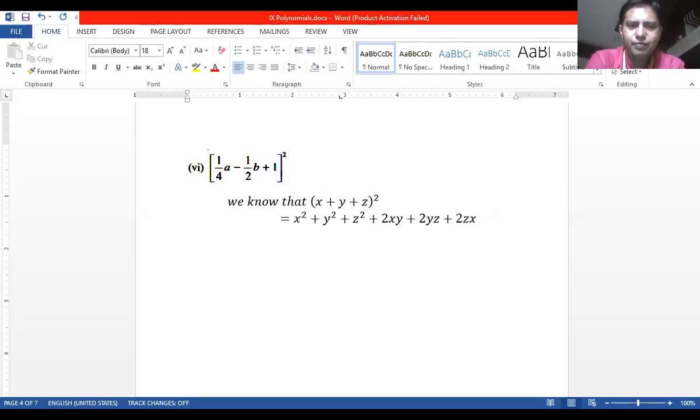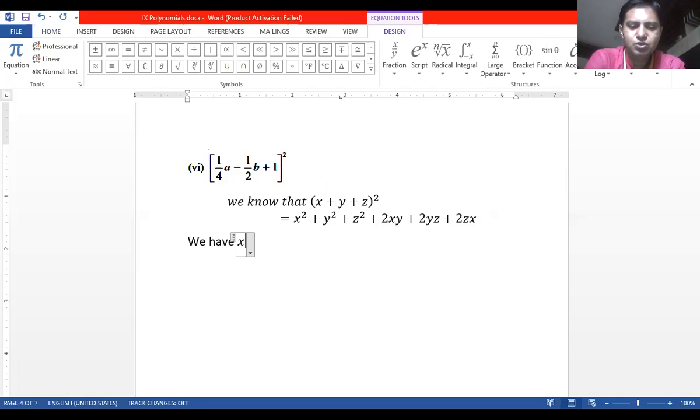So we have x is equal to 1 by 4a, y is equal to minus 1 by 2b, and z is equal to 1.